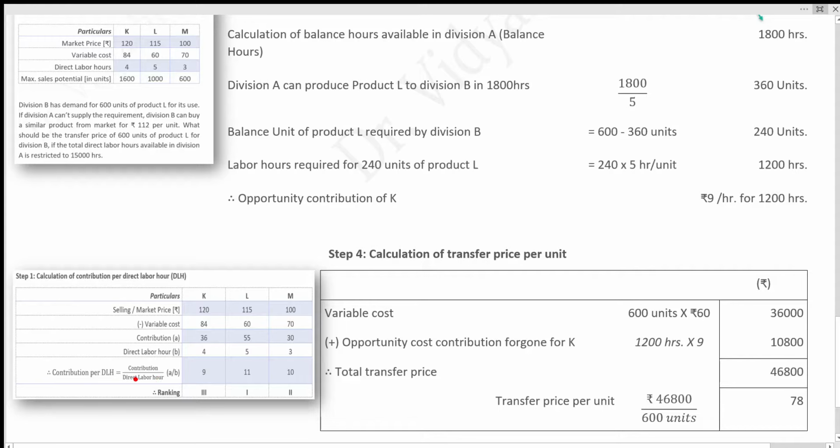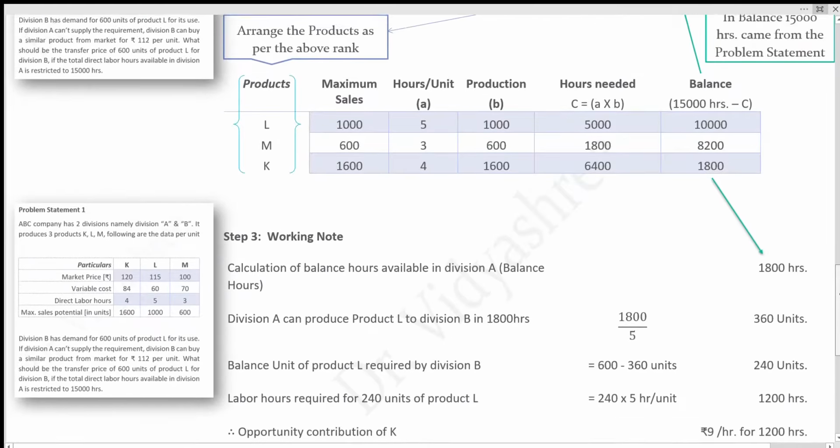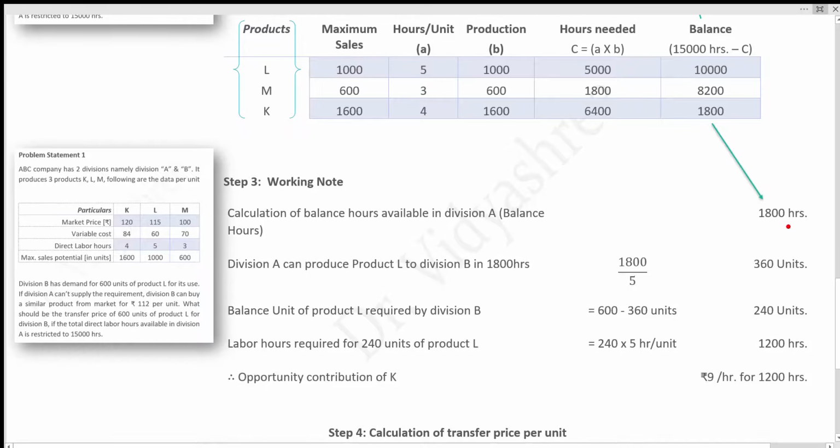From K product is what we have to take. So from K, the contribution is 9. That is what we have taken here, rupees 9 for 1200 hours. Let me repeat it once again. We have a balance of 1800 hours. So with the 1800 hours, the per direct labor hour is 5. By using this, we can manufacture 360 units. But actually, we have to manufacture 600 units. So the left out units which need to be manufactured is 240 units. So to manufacture 240 units, we need 1200 hours.